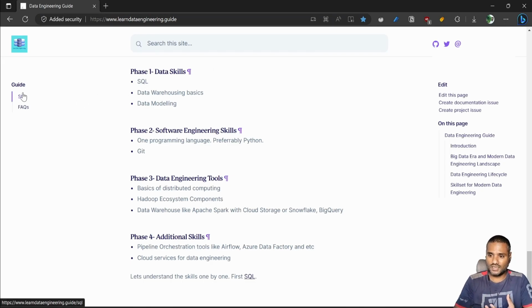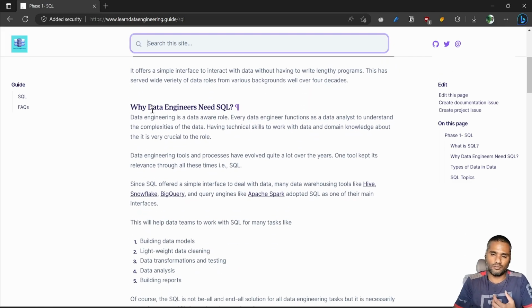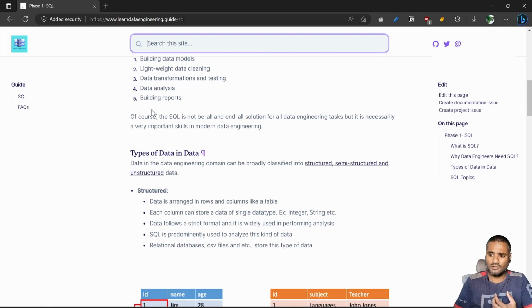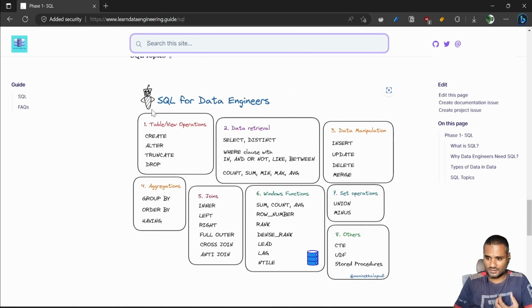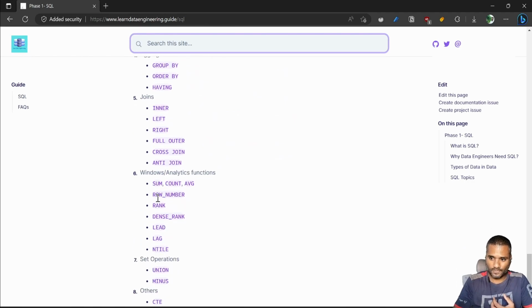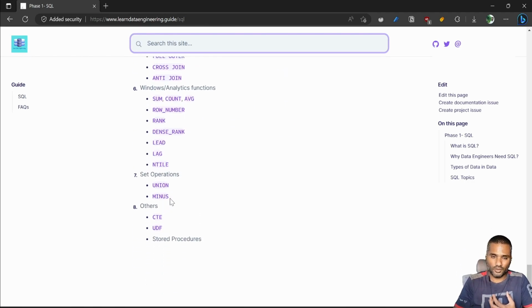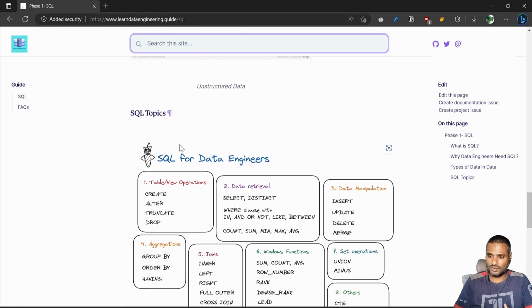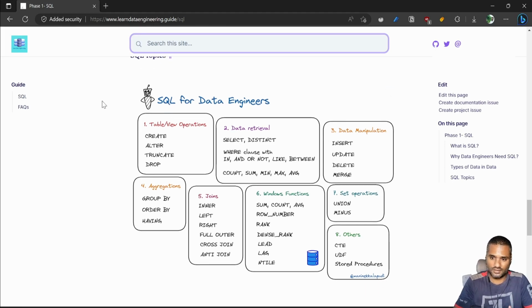Each section will be a different page where you will find the important topics for that particular skill that need to be understood, and the different sections that we need to learn with them. I'll also include the resources in the coming days, and you can follow this guide to get a good grip on your core skills. The topics from the slide that we have discussed are also included here for your reference.